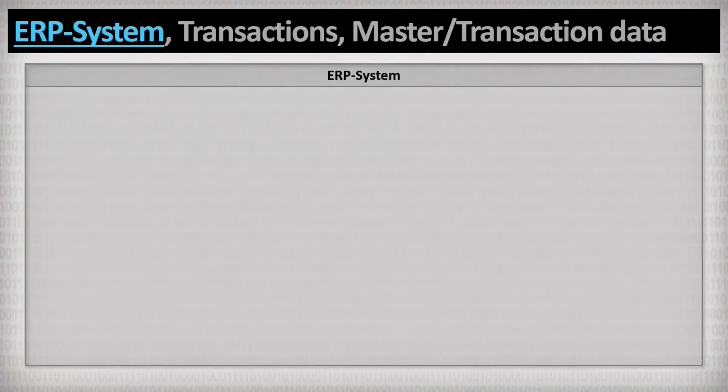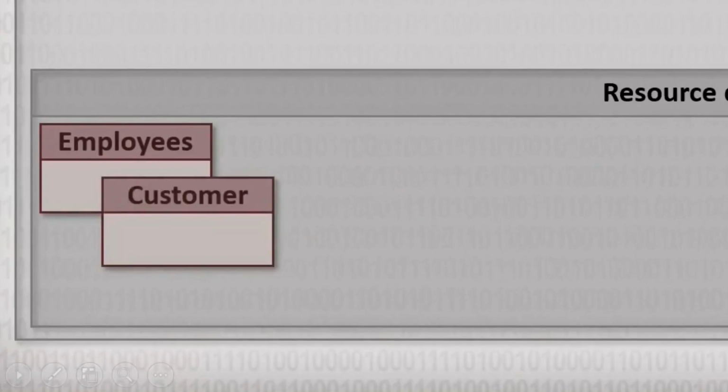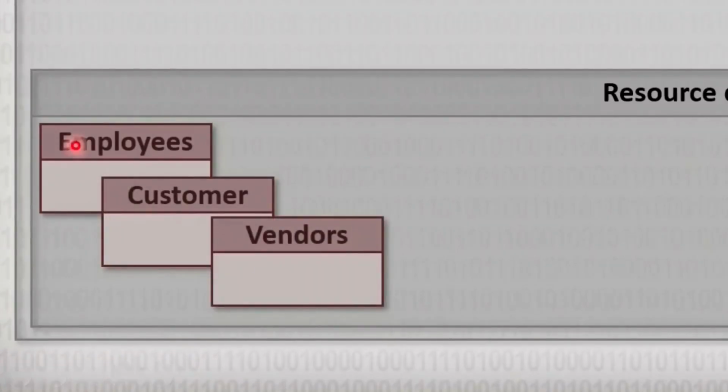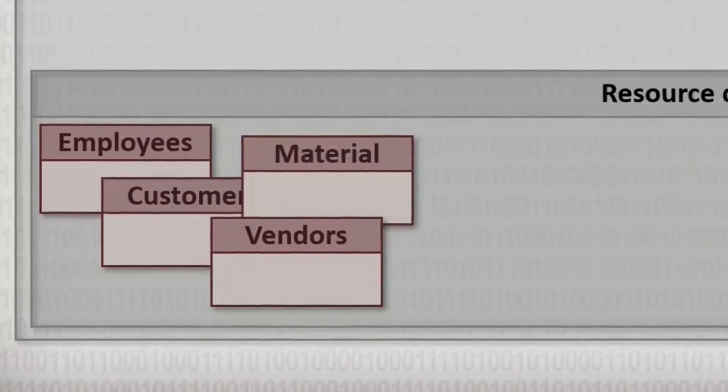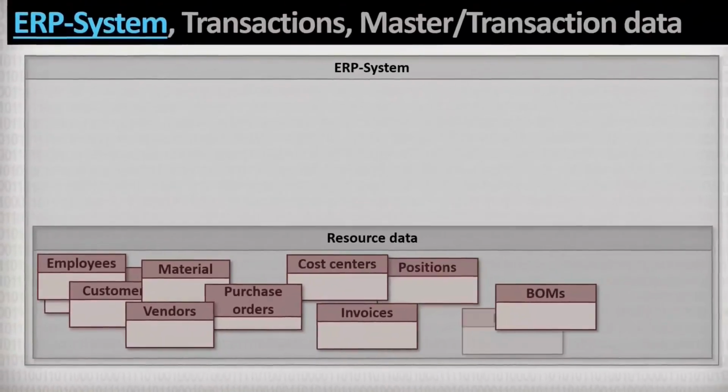Essentially, they consist of two main components. On the one hand, there is a huge database that stores and describes all of these resources in detail. All employees, customers, and suppliers are listed here along with their data, but also the material data and all orders, invoices, cost centers, bills of materials and stocks.